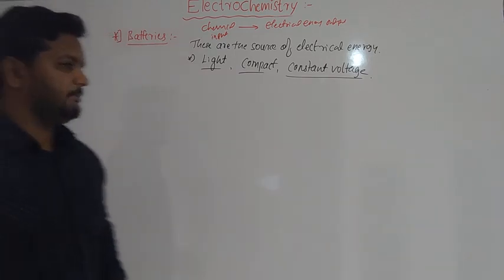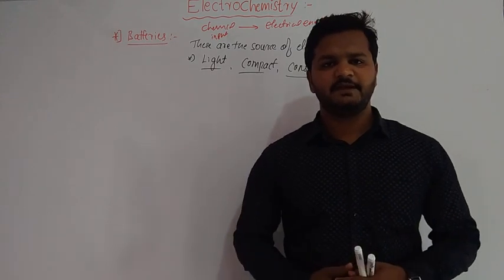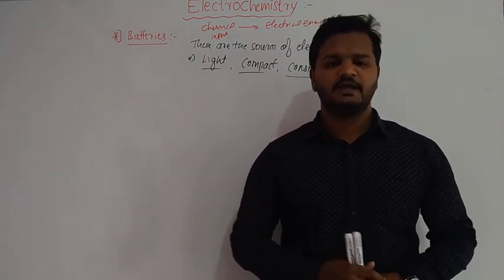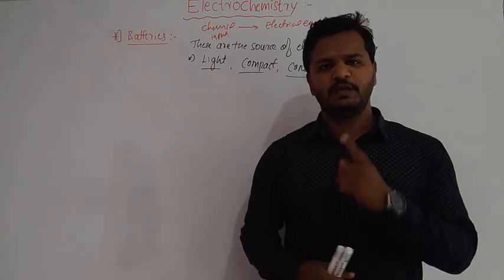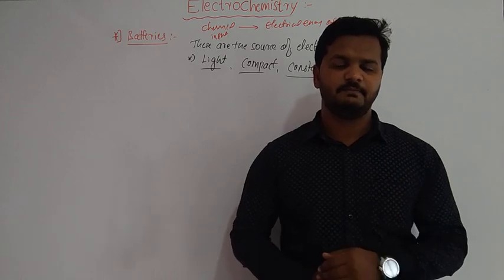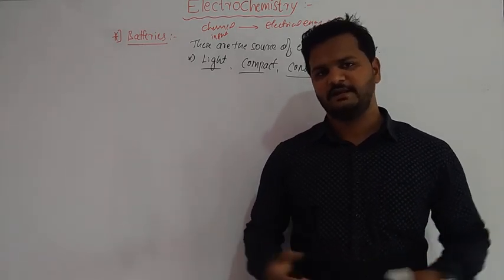These are the conditions for batteries. And students, there are two types of batteries: primary battery and secondary battery. Primary batteries are used only once and cannot be recharged. Secondary batteries are rechargeable batteries.